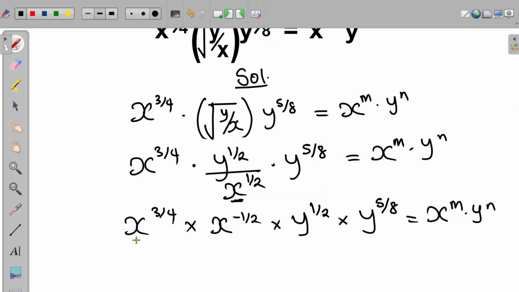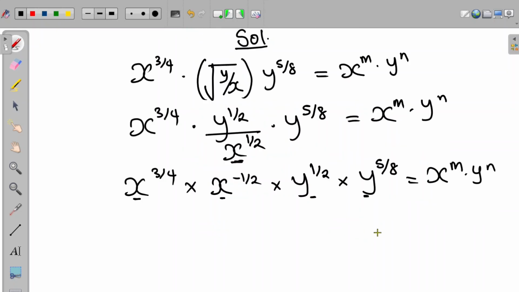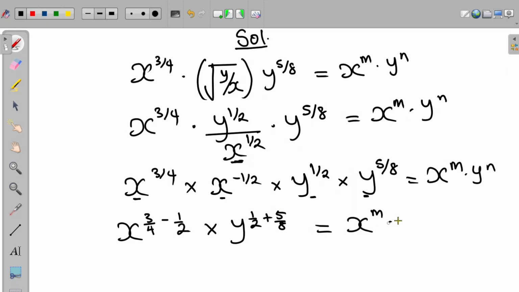Since we have the same base for x and the same base for y, we can apply the multiplication law of indices. So the equation becomes x to the power of 3/4 minus 1/2, multiplied by y to the power of 1/2 plus 5/8, equal to x to the power of m times y to the power of n.